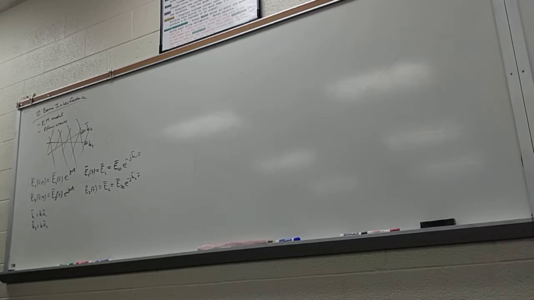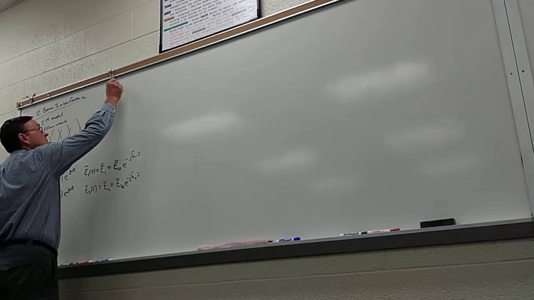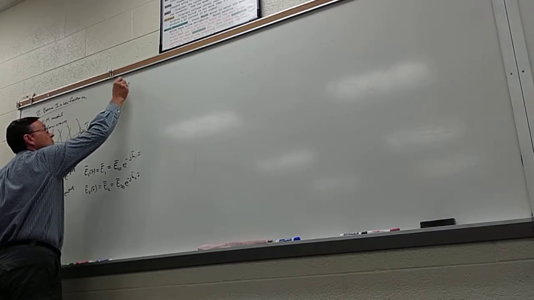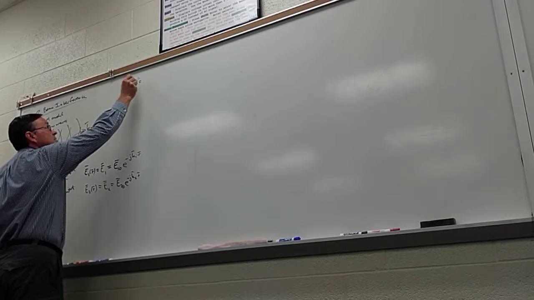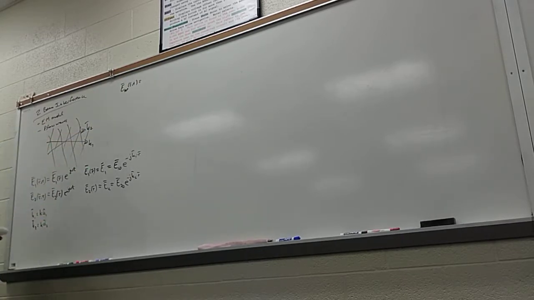So, since I have the functional form for each of the fields, it's easy enough to write down the total field. So the total field, the complex representation of the total field, is just going to be this complex representation plus that complex representation.